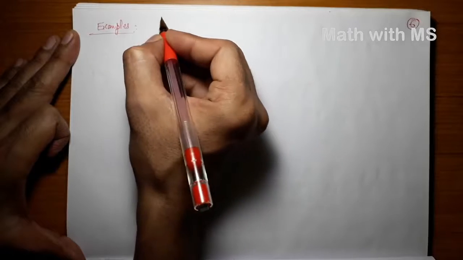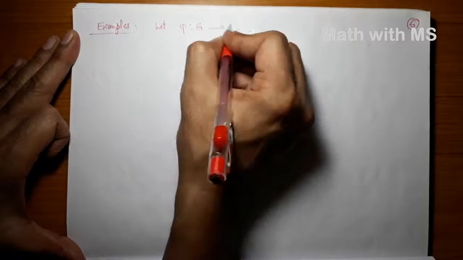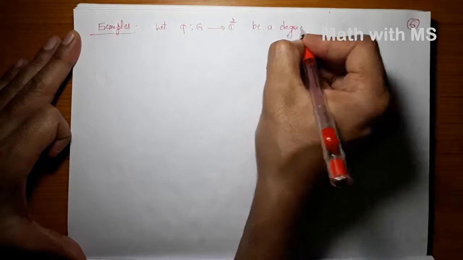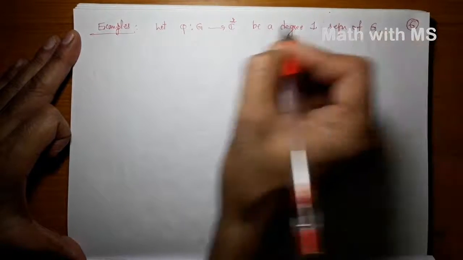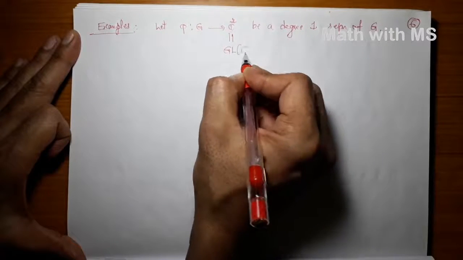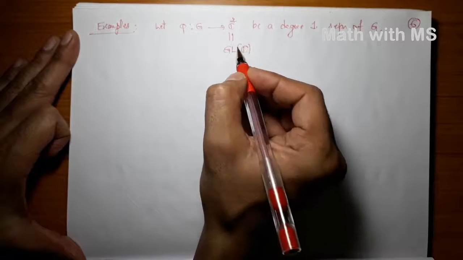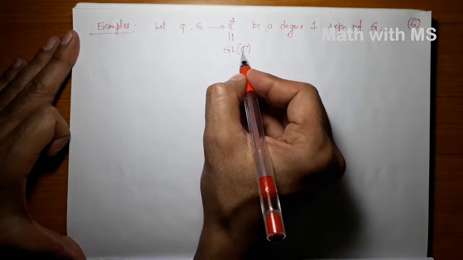So let us start with degree 1 representations. Let phi from G to C star be a degree 1 representation of a group G. That means this is just GL of C, but C over C is one dimensional. What could be all G invariant subspaces of C?